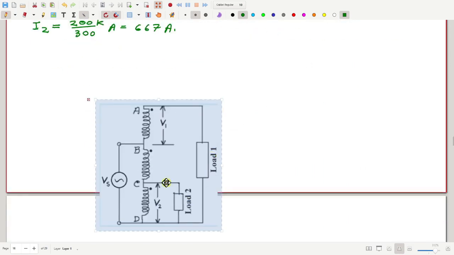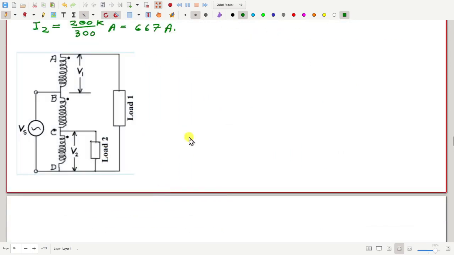So far we have found, if I call this current IAB from A to B, we have got IAB equal to minus 778 ampere, and this current, if it is I2, is 667 ampere.